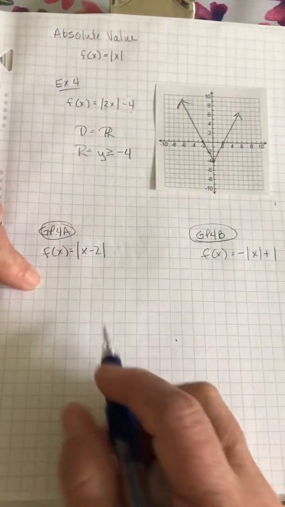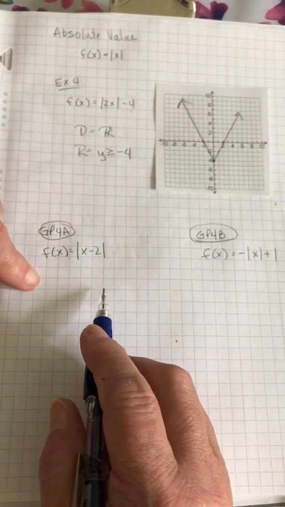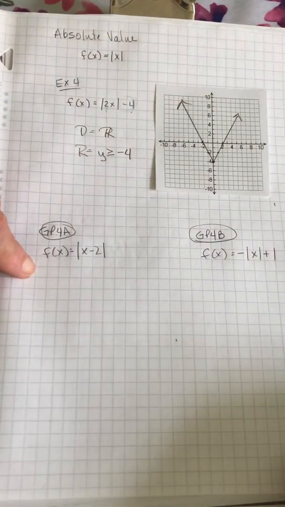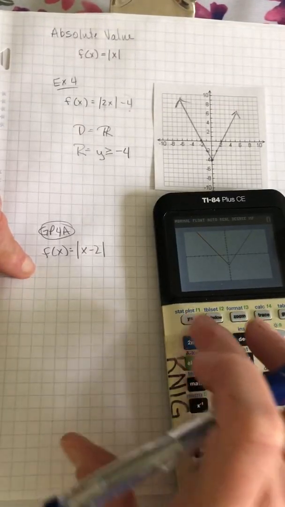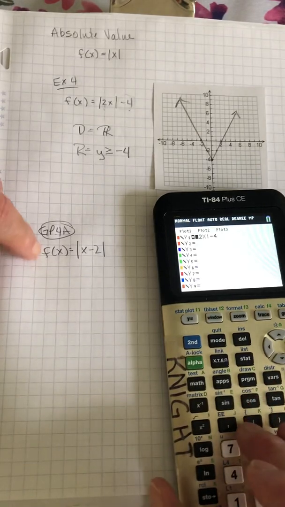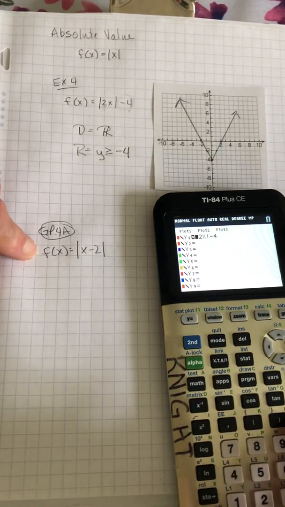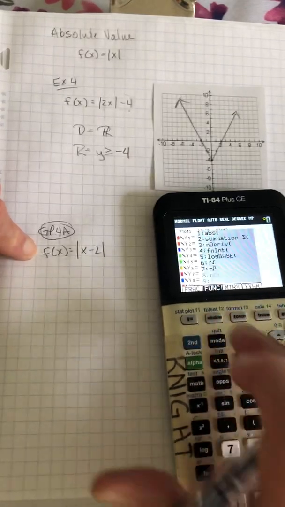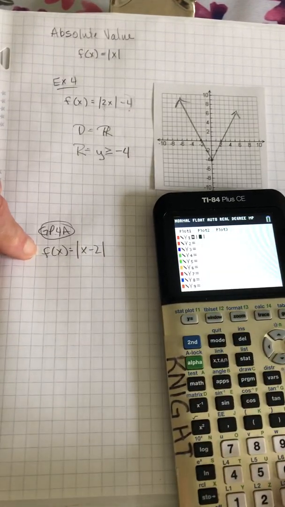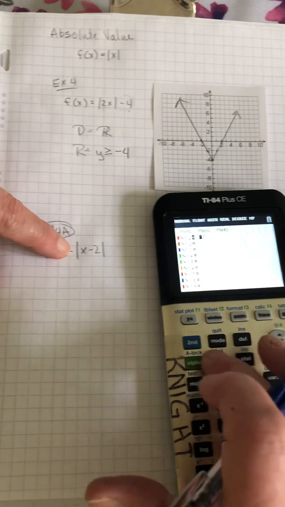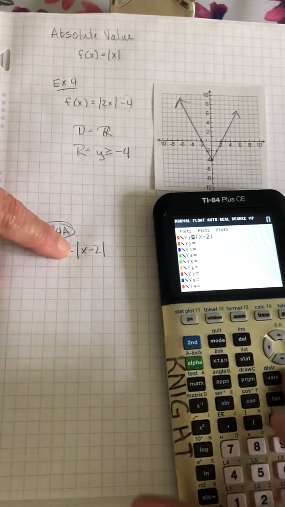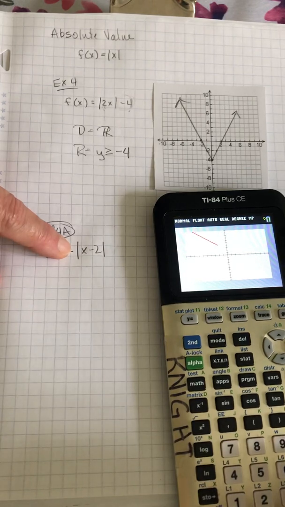So the guided practice is to help you see how changing things will change what the graph looks like. So if I look at guided practice A, let's clear this one, alpha F2, absolute value, x minus 2 inside my absolute value, and notice what difference that makes.